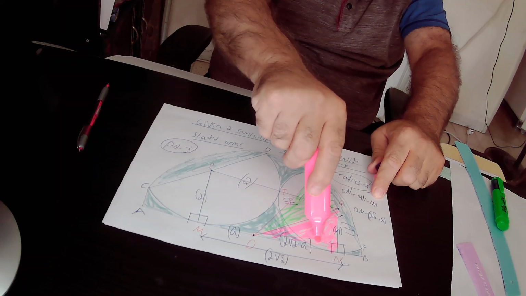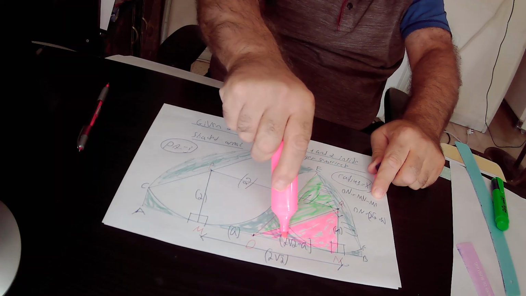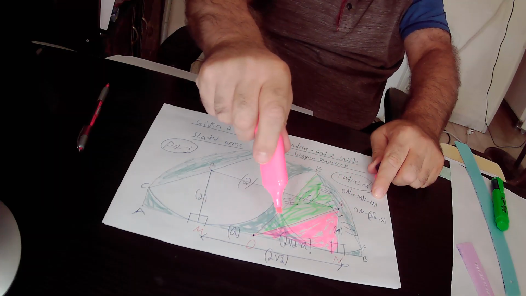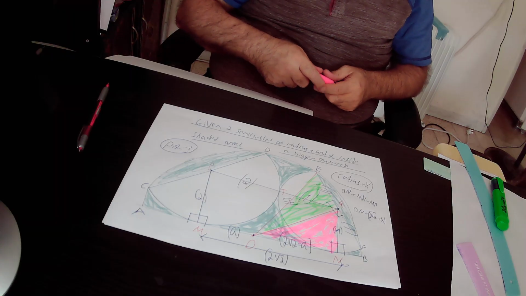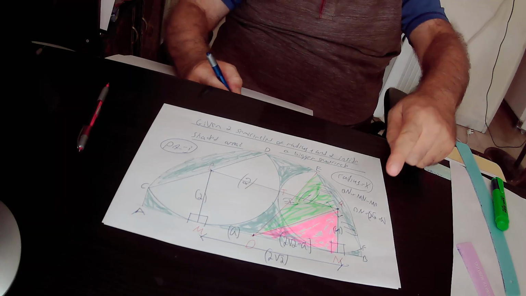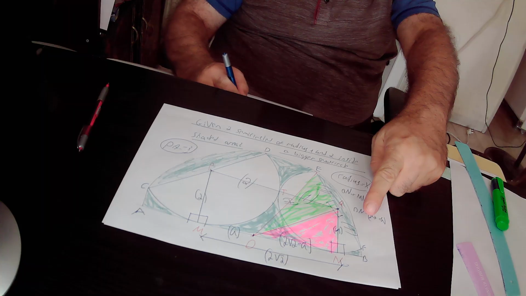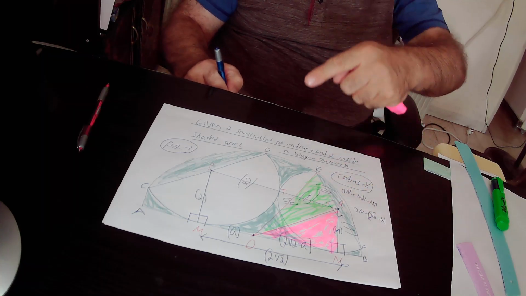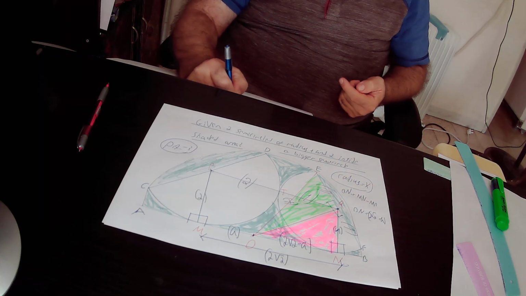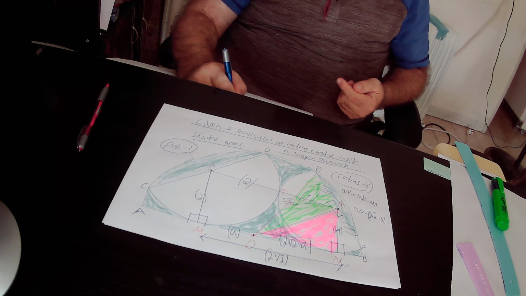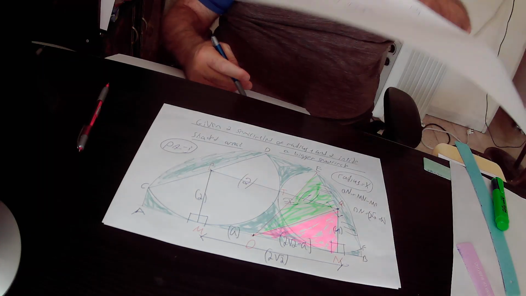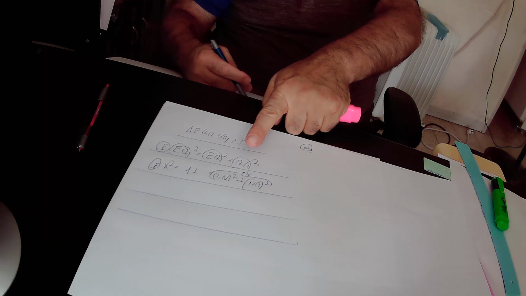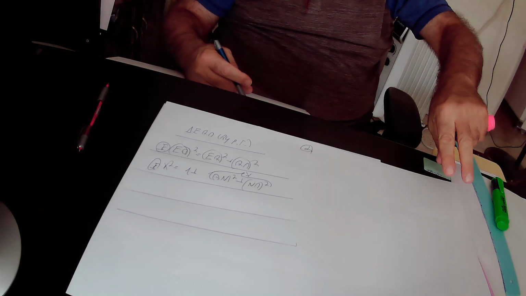So we implement the Pythagoras theorem on this right pink triangle QNO, and we get that QO squared, that is the square of the hypotenuse, equals QN squared plus NO squared.